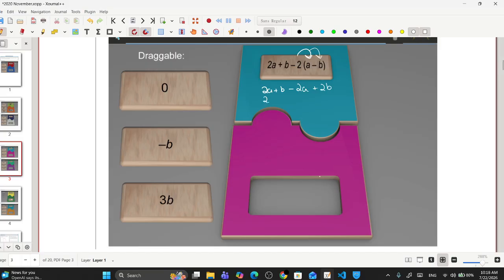So let's take the a terms on one side and the like b terms on the other side. 2a minus 2a cancels out to become 0. b plus 2b becomes simply 3b. Here you go. That's going to be your answer.